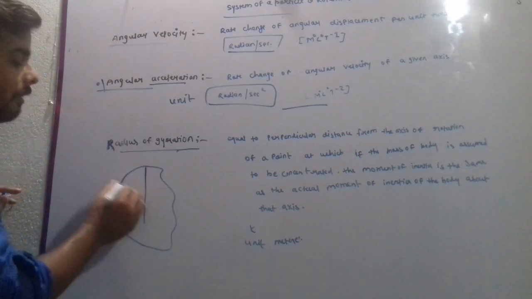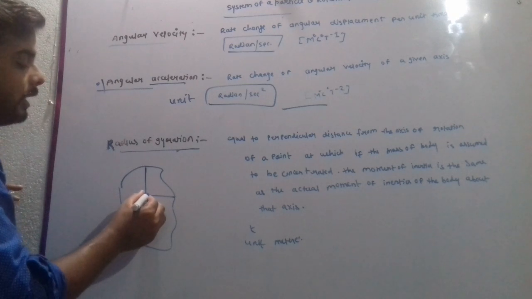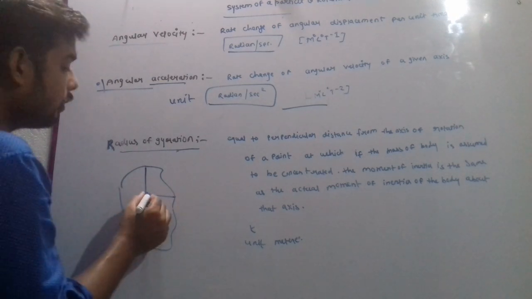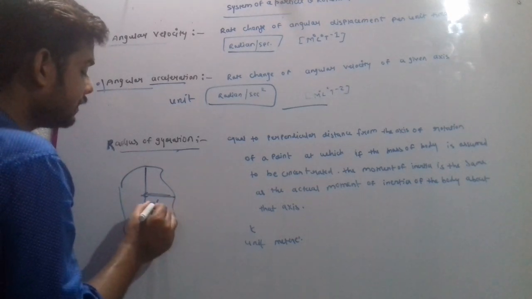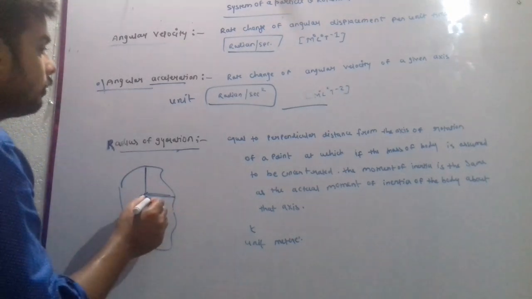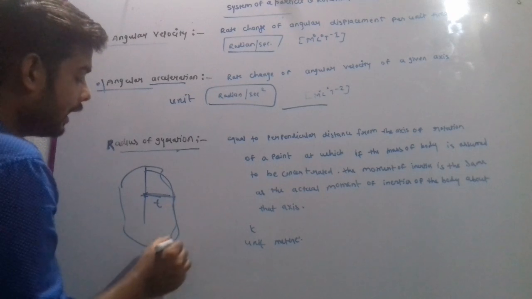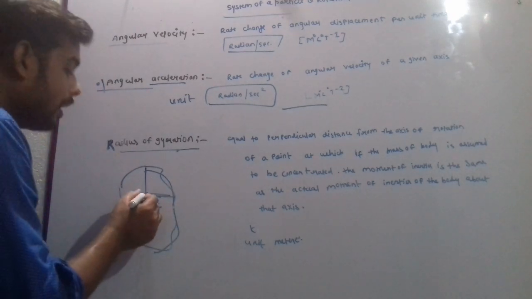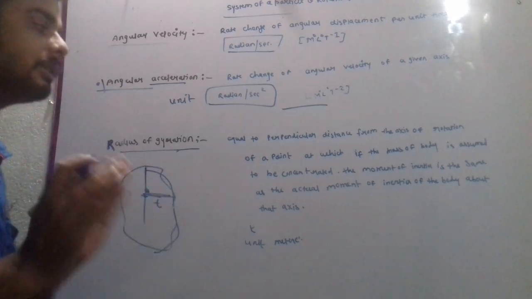Suppose this is the body and this is the point. Then the radius of gyration is the perpendicular distance from the axis of rotation where the mass of the body can be assumed to be concentrated.